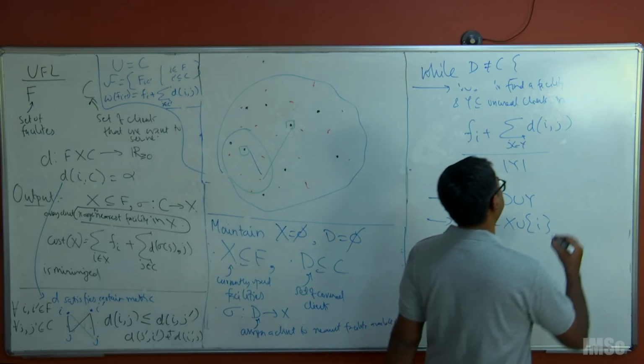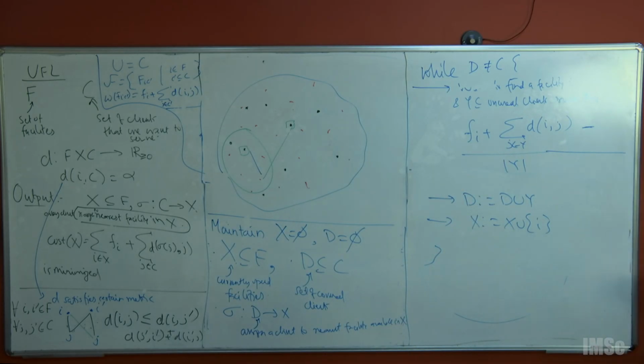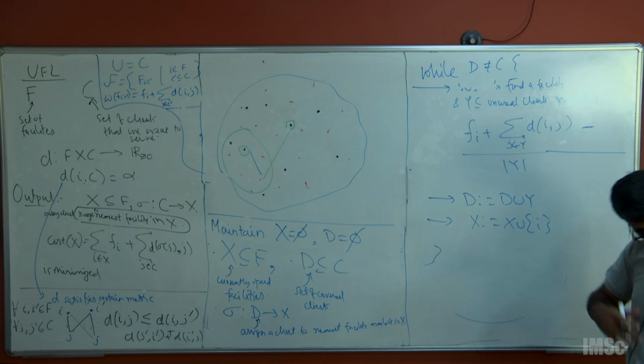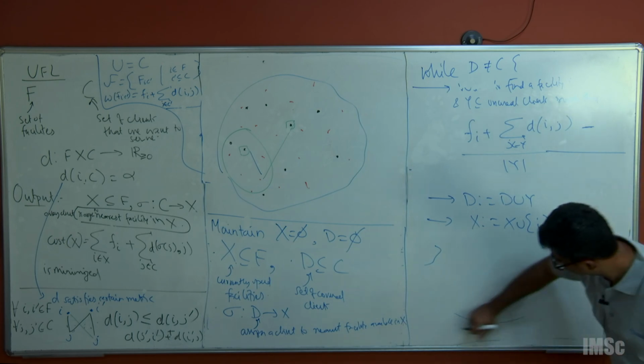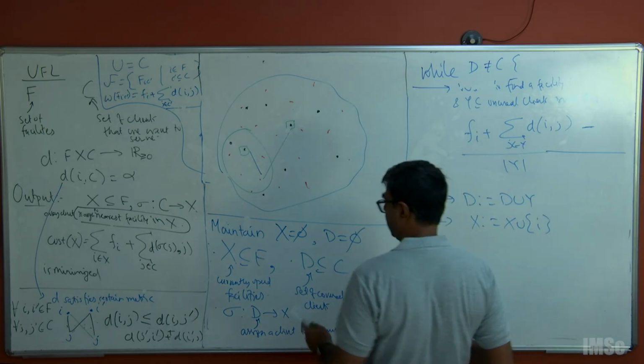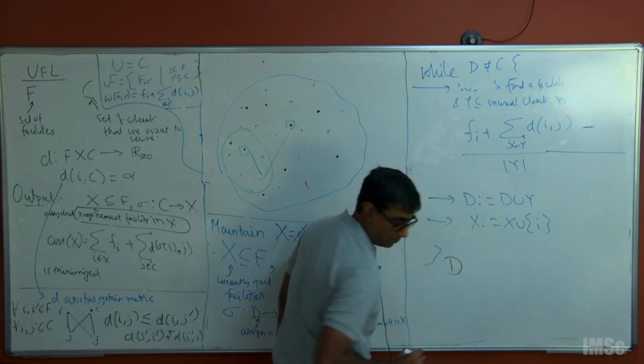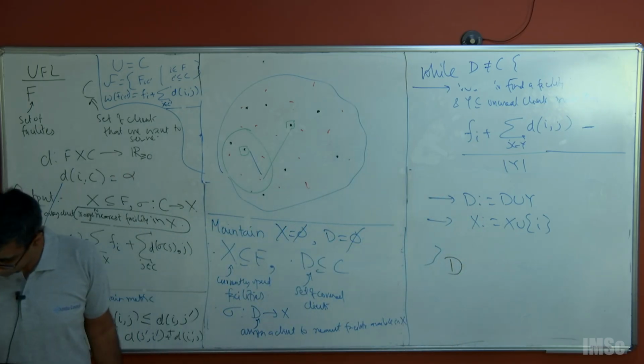What is that something I should do here? I should subtract something. This is what they do in the analysis, not in the algorithm. I put them into the algorithm. So what I'm trying to tell you now is the following. I'm going to define a D function.